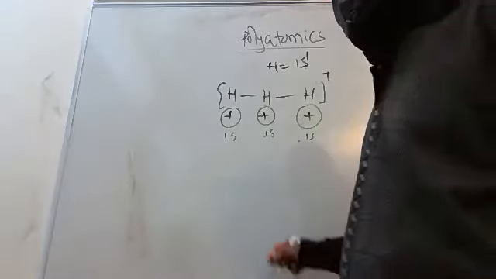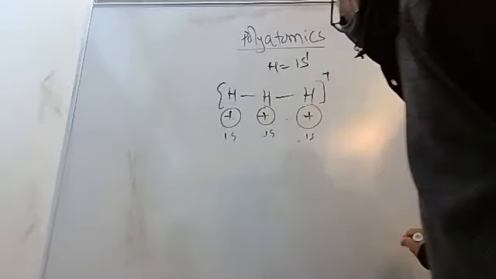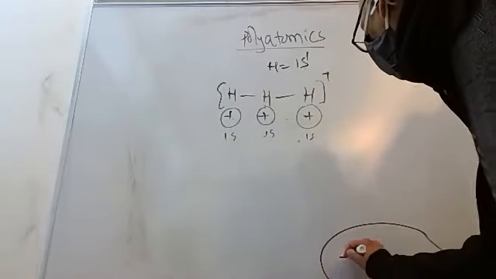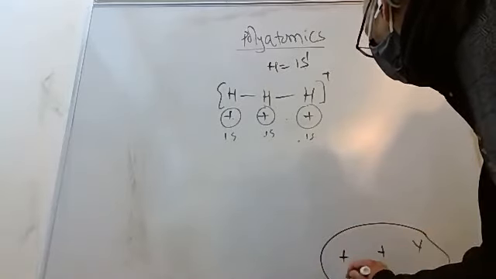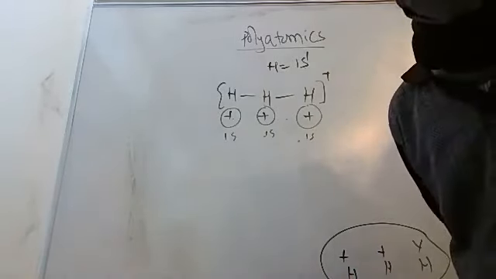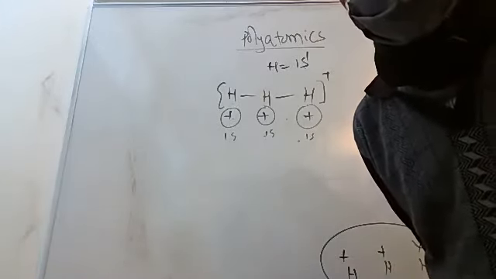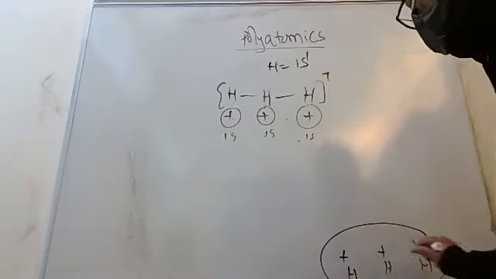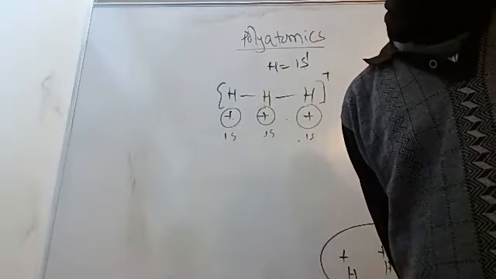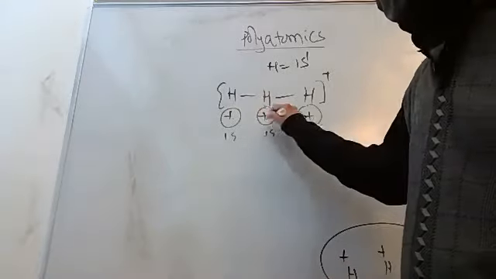So when you mix all three of them, the most bonding situation looks like this: plus, plus, plus, and all three hydrogens are strongly interacting. That means the bonding case. This is the first molecular orbital, so we'll call this 1 sigma.